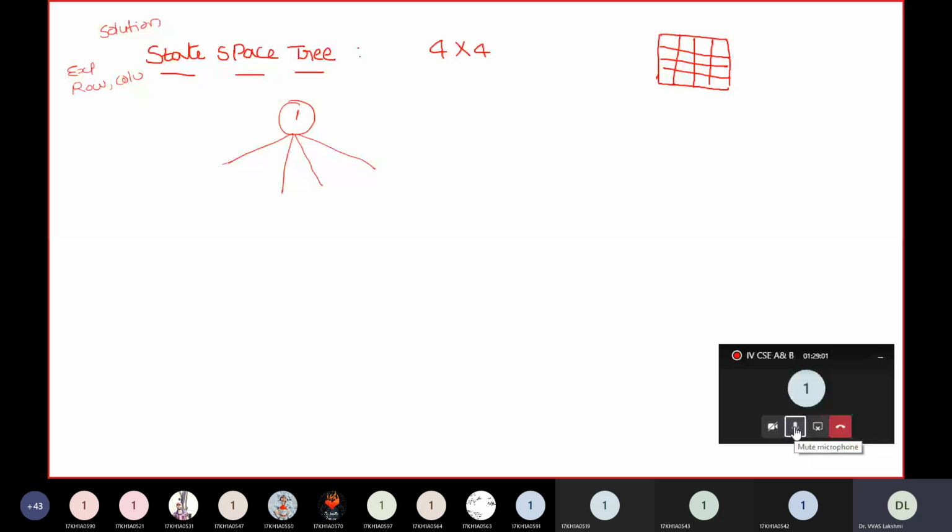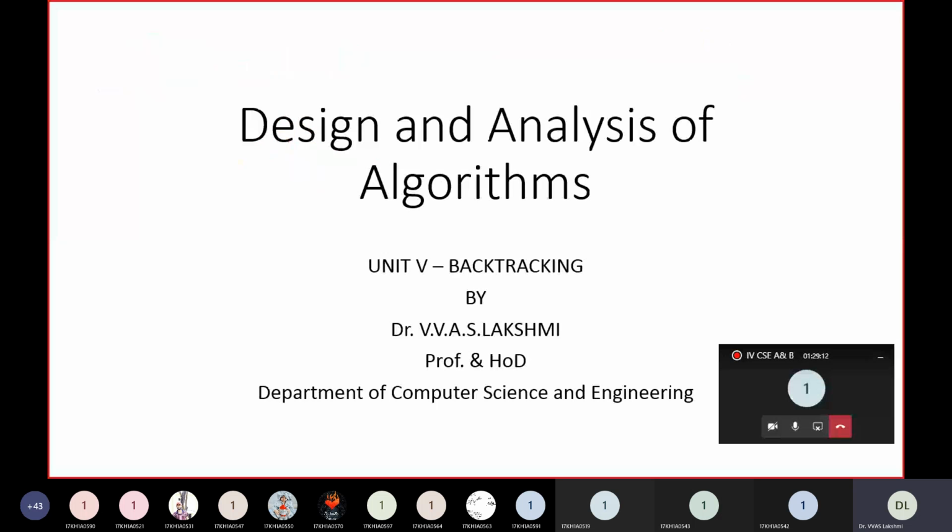So at the first stage, Q1, we have a chance to place Q1 in the first column.